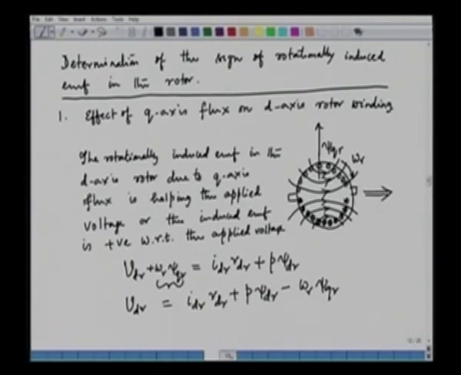Similarly, we can find out the effect of the d axis flux on the q axis rotor winding.